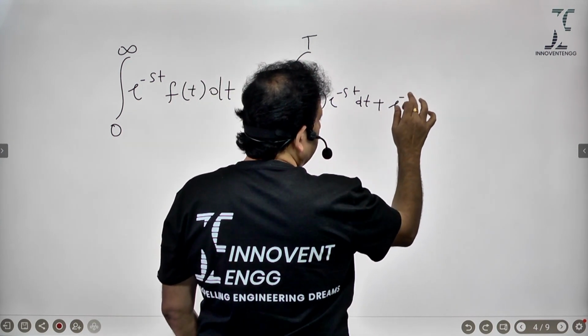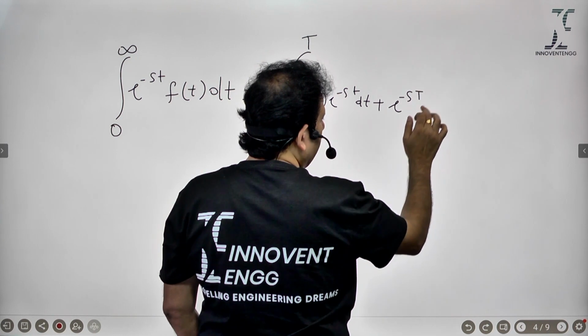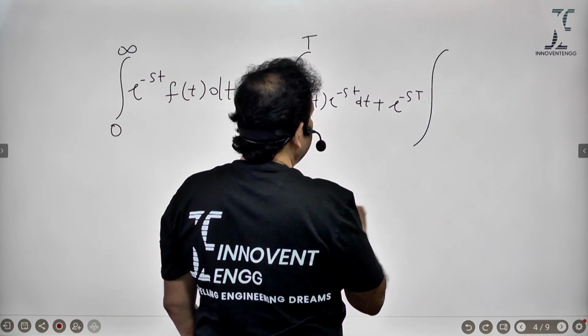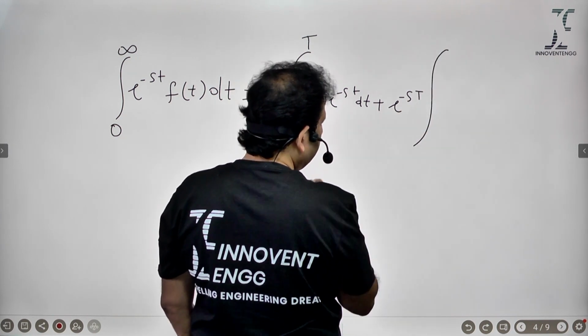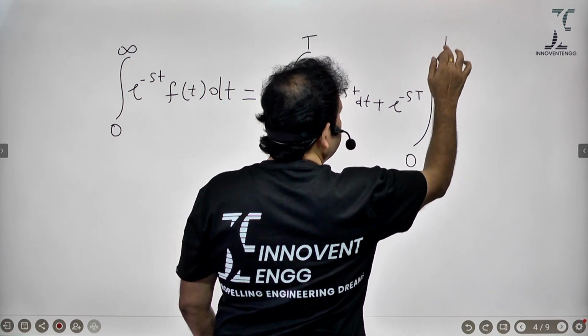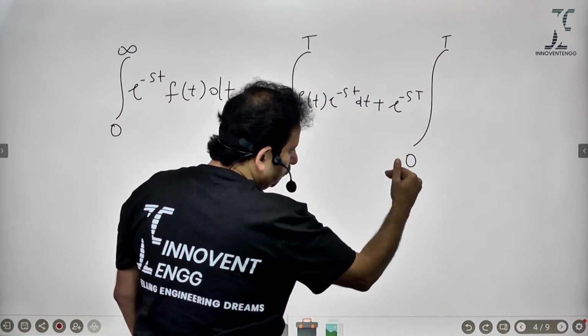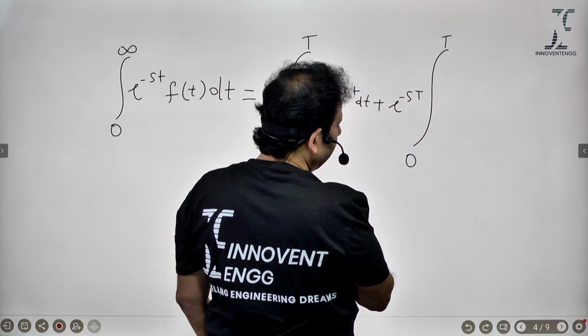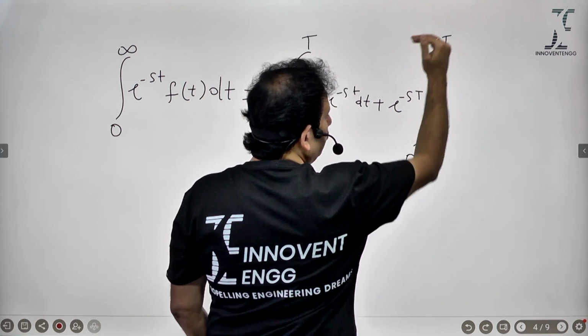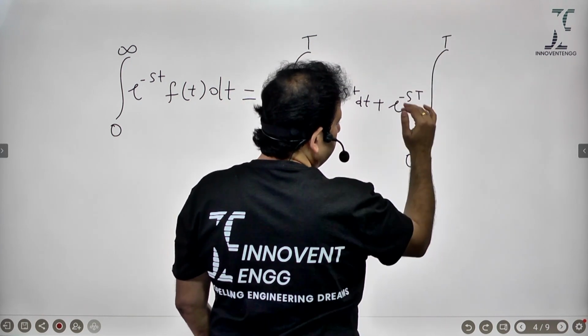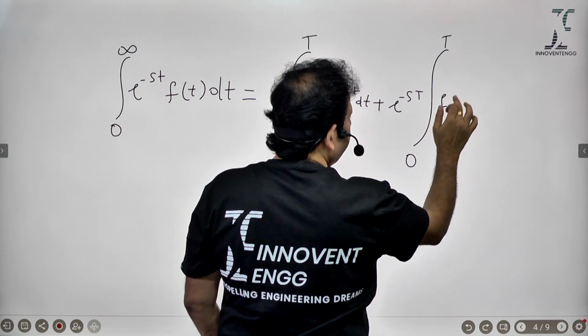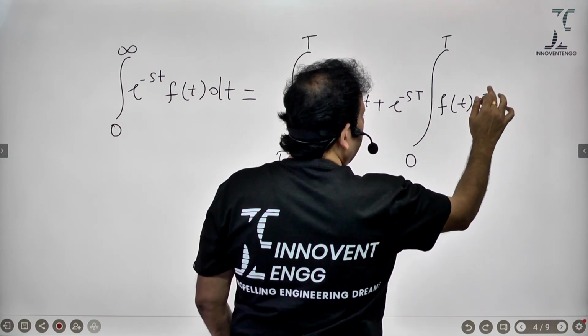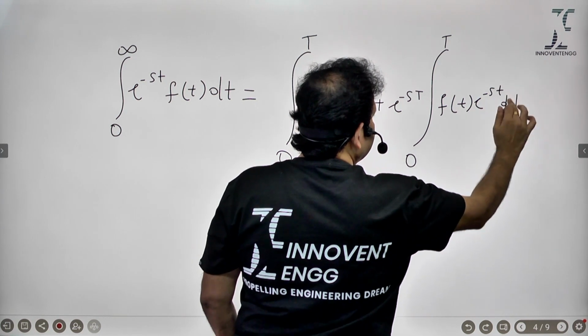We did prove that it is e power minus capital ST, S is of course the same, and the limits 0 to T, instead of T to 2T, become this: f of t e power minus st dt, right?